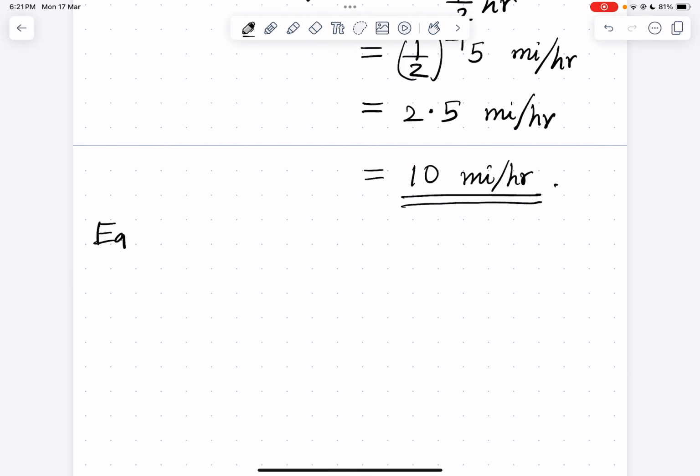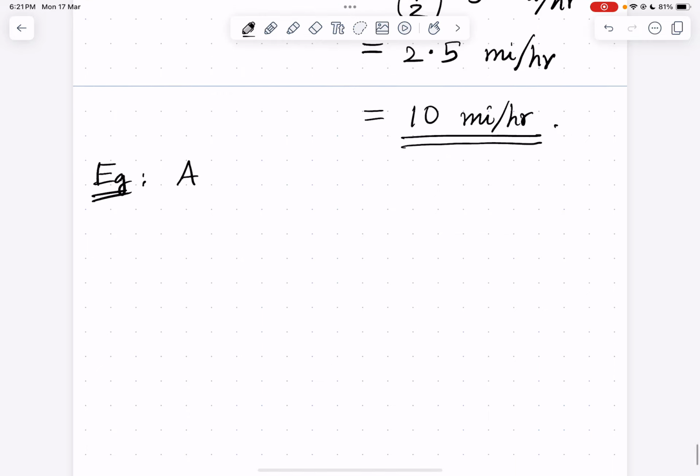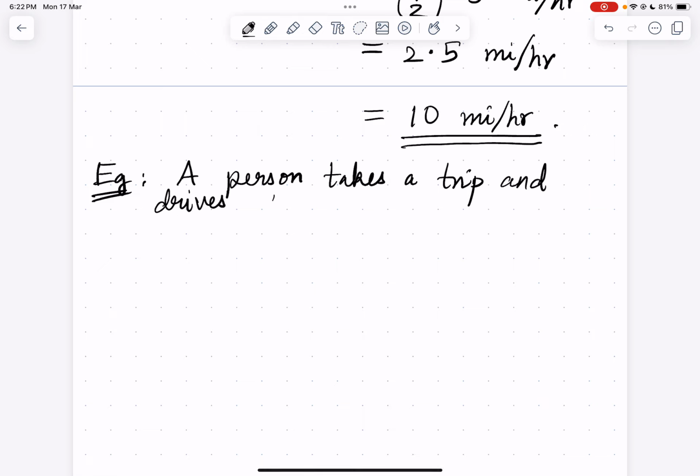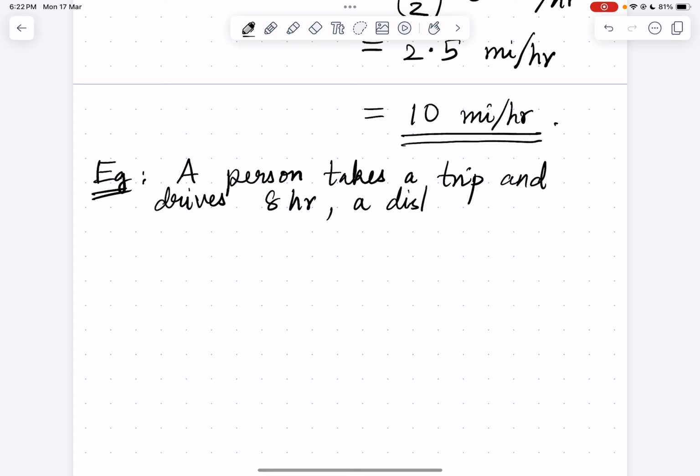Here's a somewhat more interesting example. Yeah, there are a couple of interesting examples. A person takes a trip and drives 8 hours, a distance of 400 miles.